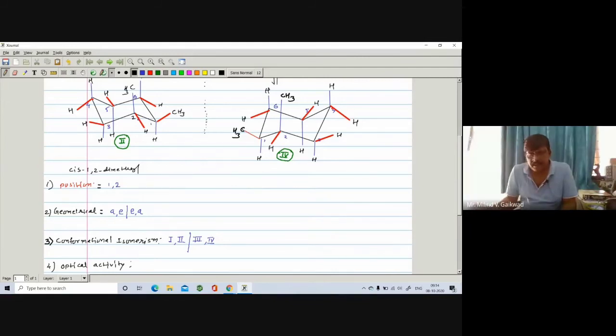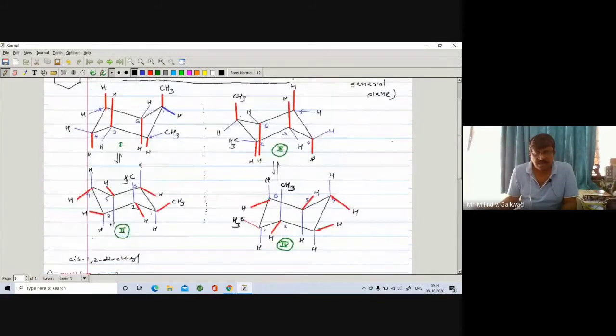So here, if you see the structure, you will see that the methyl group is axial on carbon number 1, and the methyl group is equatorial on carbon number 2. So we cannot put a plane which divides this molecule into two parts. But structure number 1 can be converted into structure number 2, so these are the conformational isomers of each other.